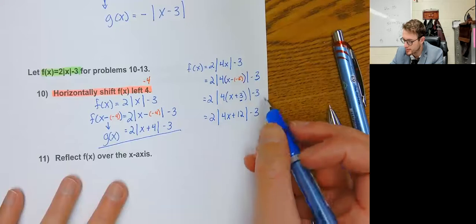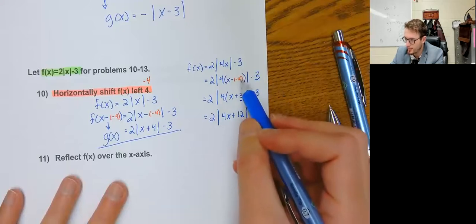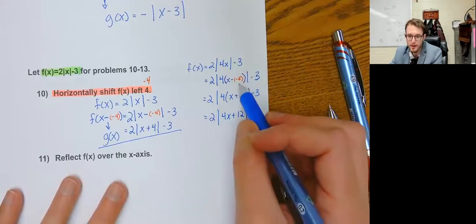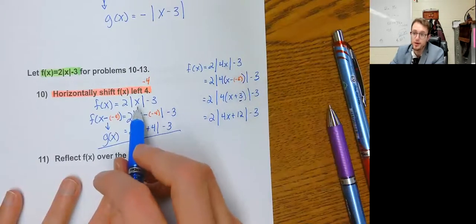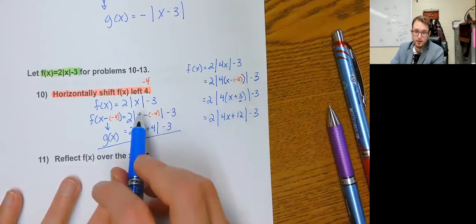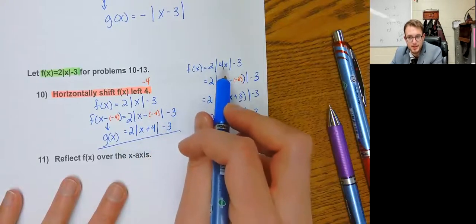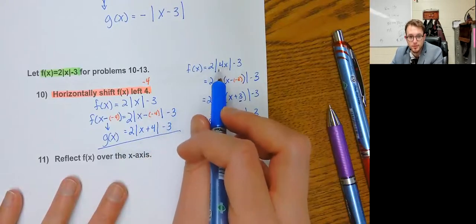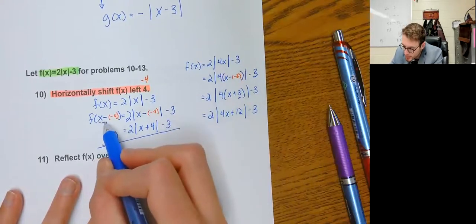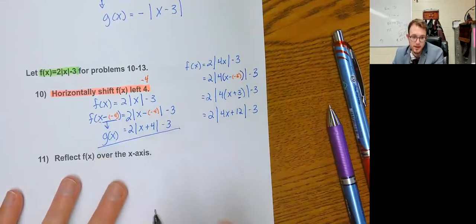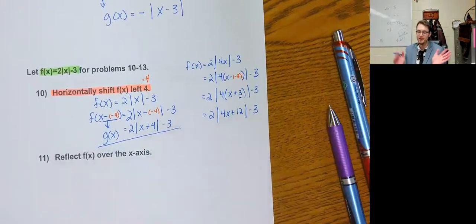Or why did I do +3? I meant that to be a 4. Whatever. You get the idea that when it's not by itself, you need parentheses. In this case, the x is just by itself, so I don't need to put parentheses around it. But when it's not by itself, you do, because what you're doing is just to the inside, just to the x. Okay, let's leave that be.